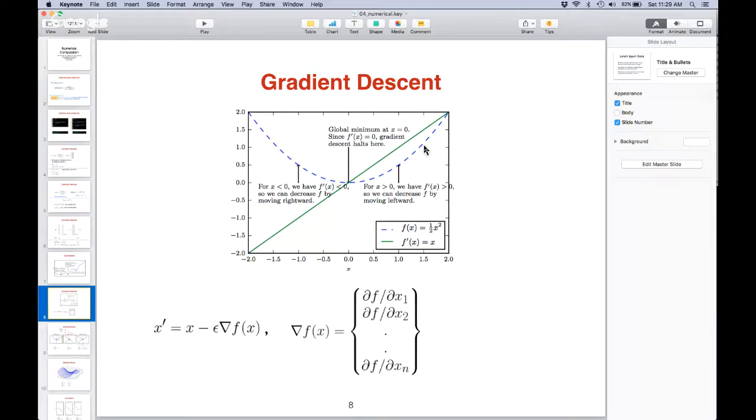If, on the right-hand side of the x squared function, the gradient is positive, and we start from here, we calculate the derivative of the loss function, and it's going to be a positive number, and that should signal us to make a step in the negative direction. Hence, there's a negative sign right here in the update formula.